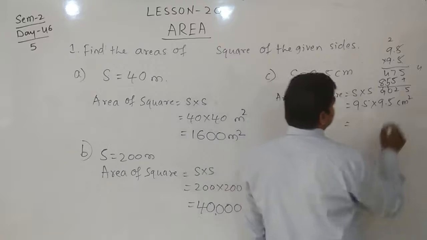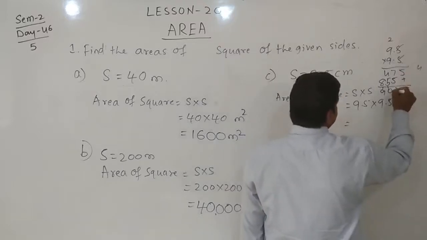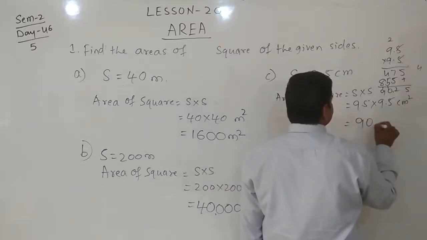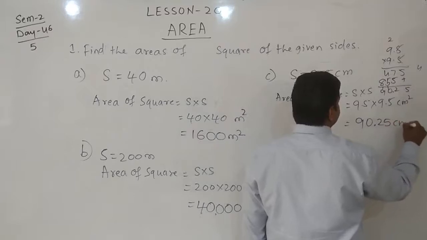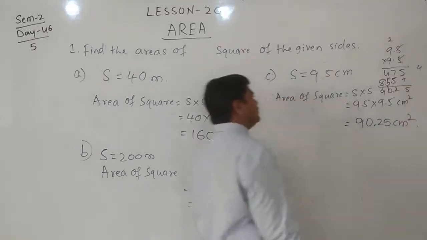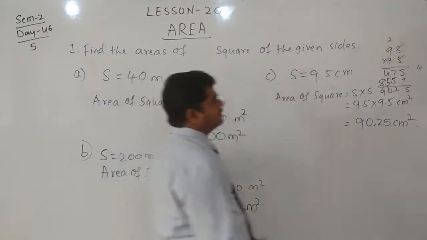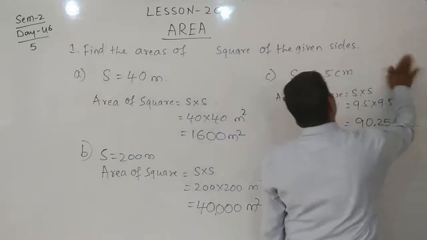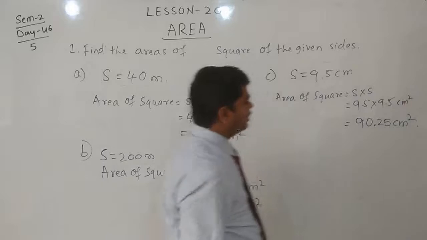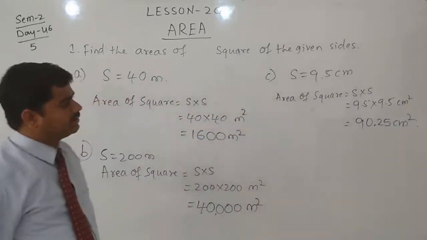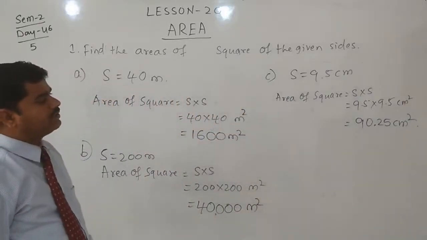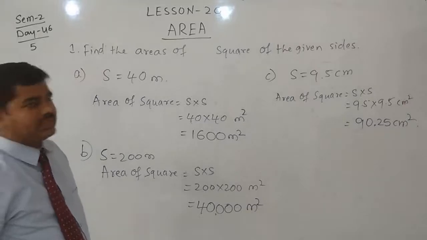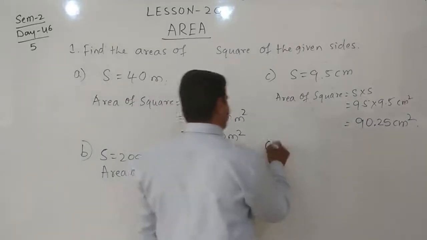Then we write 2 decimals, 90.25 centimeter square. This you can do separately or by the side of your notebook page. 90.25 centimeter square is the area.